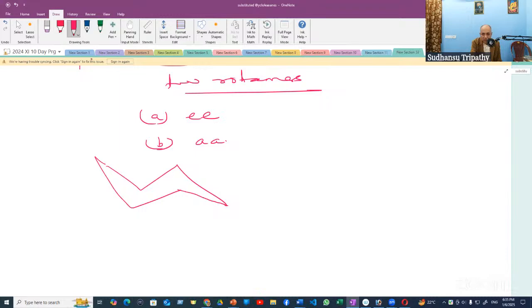Supposing this is 1. Now let's say start from equatorial. R is here, 1, 2, and 3. This R is also here.